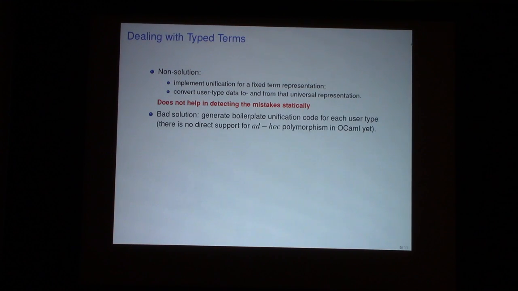The next solution is for every user type to generate specific unification code, but it is very boilerplate, and the user still needs to think about where in his types logical variables will be stored, and it's better to avoid this.